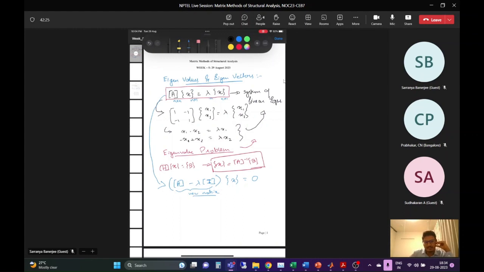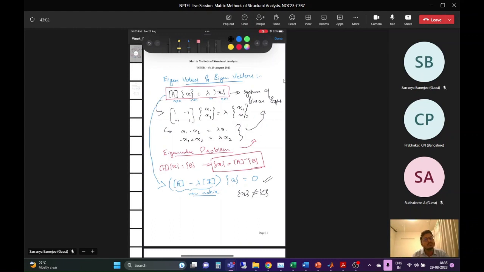One possible solution would be x equals 0. If x equals 0, for any matrix A and any scalar lambda, this equation holds. Do you agree with this? But we are saying x cannot be 0. This is the system of linear equations, and we want to find some solution for x. We cannot say that x equals 0.